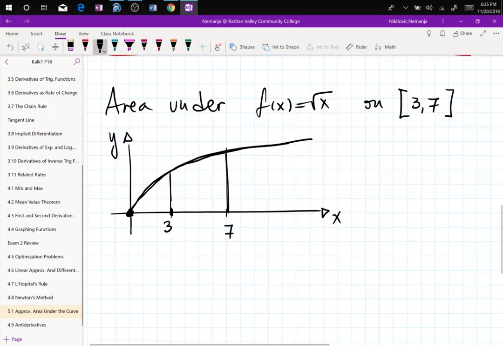Making a straight line here, like that, would actually give you a pretty good approximation, right? But then we can also subdivide this at each unit 1, making delta x to be 1, which actually gets you, in this case, 4 rectangles.